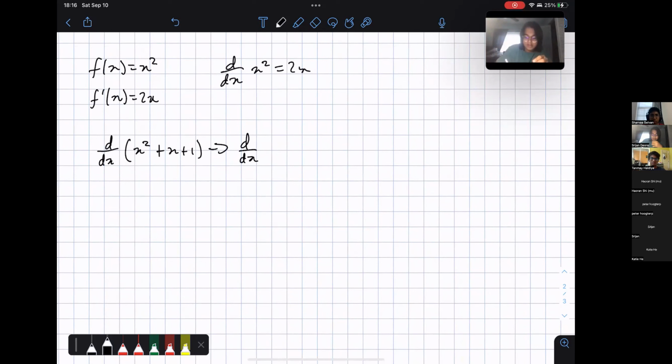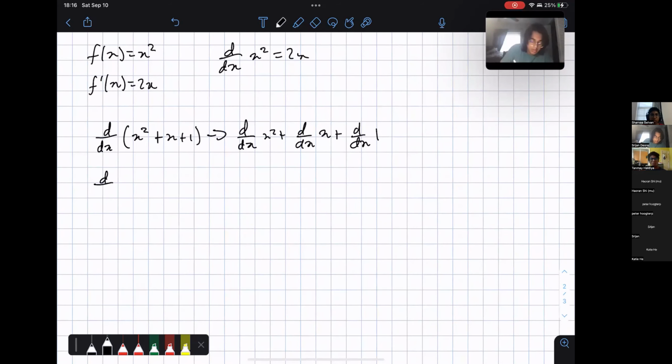So this is equal to the derivative of x squared plus the derivative of x plus the derivative of 1. Before we know how to calculate what these derivatives actually are, this is just how we represent derivatives. Another thing is you can pull out constants. So the derivative of a x squared would be equal to a times the derivative of x squared.